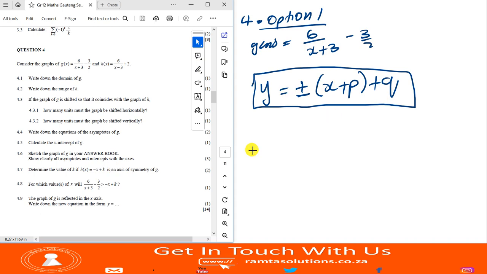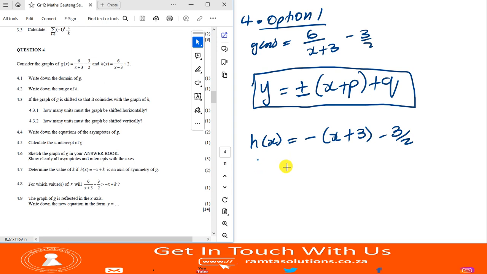So let's proceed. Our answer, they called it h. So you will say h is equal to negative x. You write these things as they are. X plus p, it's x plus 3. It's x plus 3. And then minus 3 over 2.